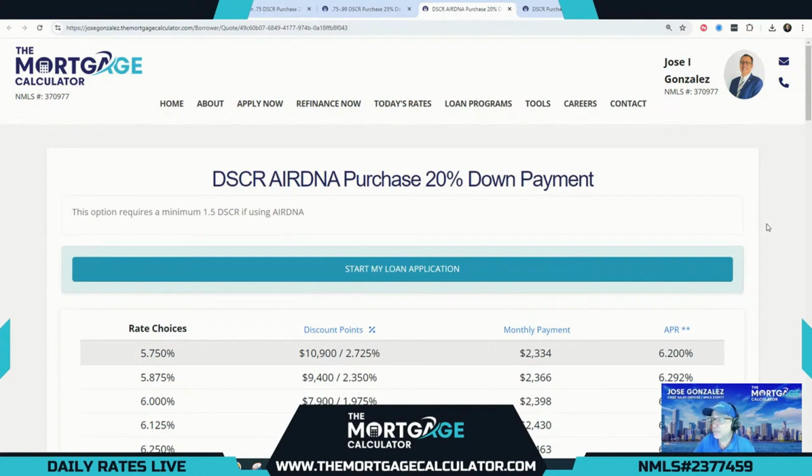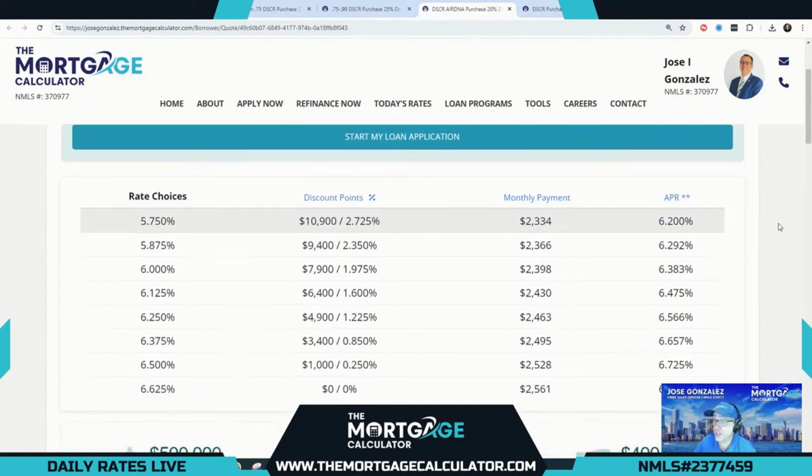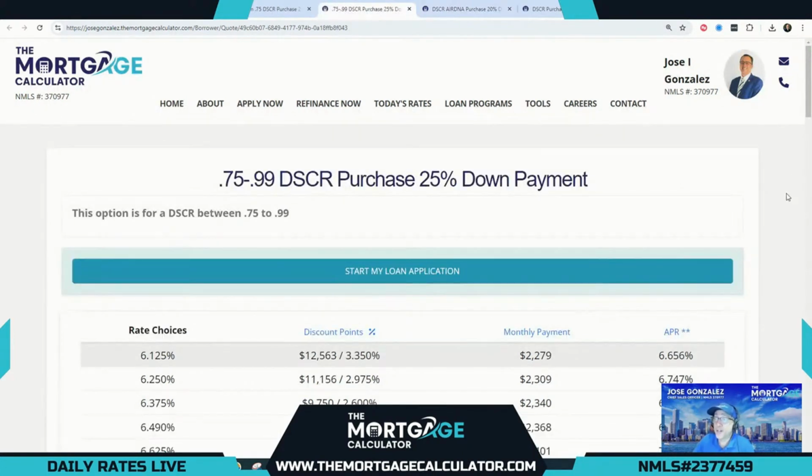The only restriction on this program, if you're using AirDNA in this particular option, is that your DSCR does have to be at 1.5 or above, but no LTV reduction if you're at 1.5 or above, which is critical. 6.625 is our lowest cost option at par. 5.75 lowest rate option.